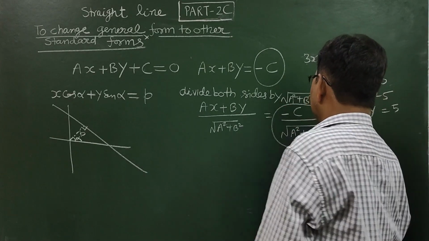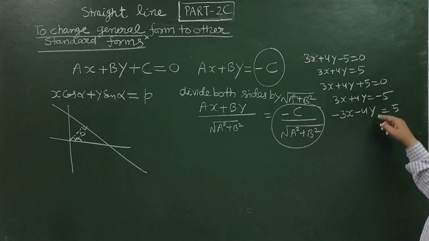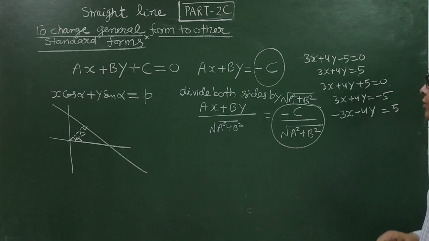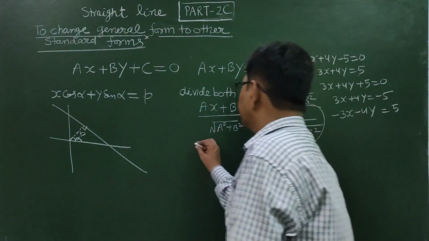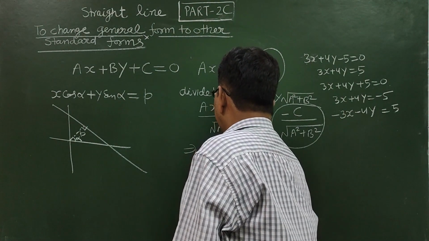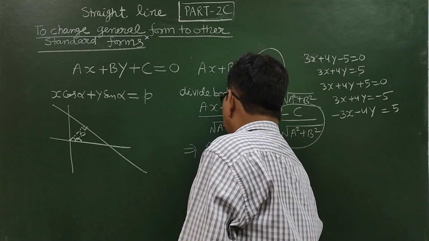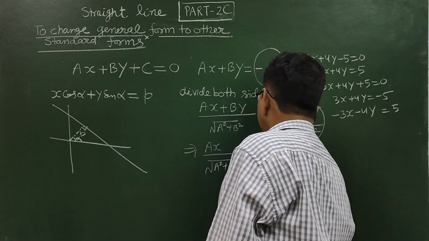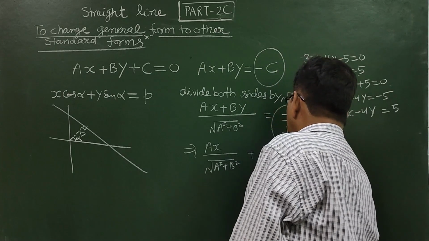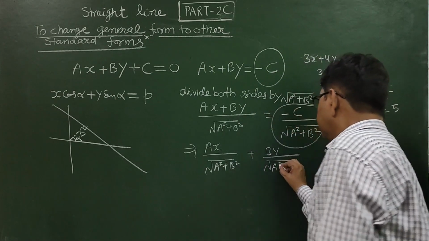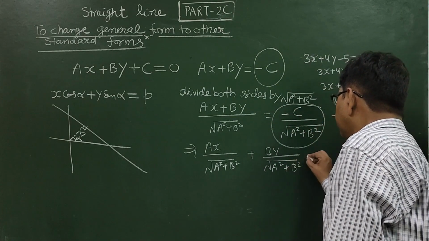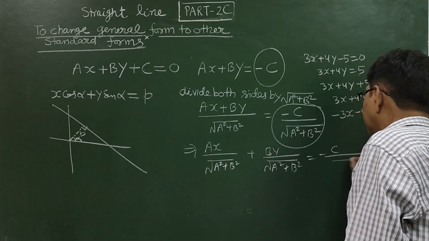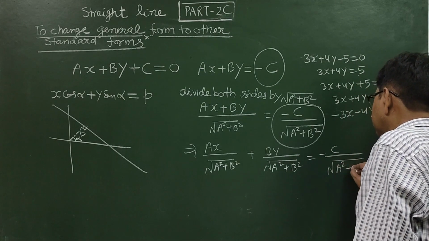Regarding the positive value, I have told you by taking these two examples. Now, if we separate it further, we get ax upon under root of a square plus b square plus by upon under root of a square plus b square is equal to minus c upon under root of a square plus b square.